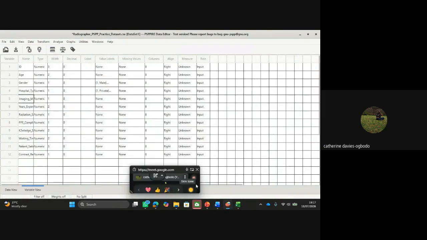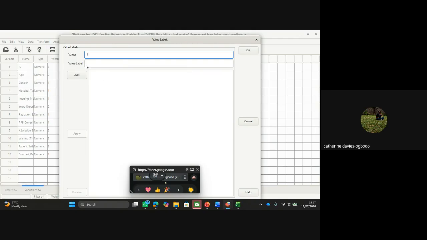So here we can have 1 was CT, 2 was MRI, 3 is ultrasound, sorry, 4 is X-ray.